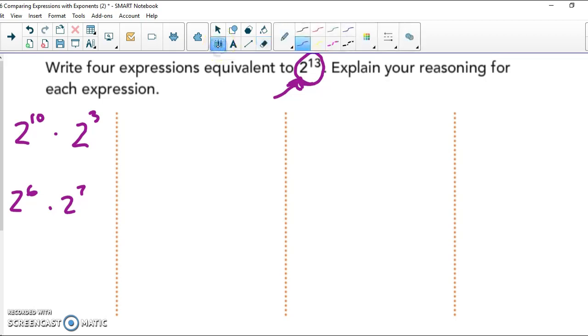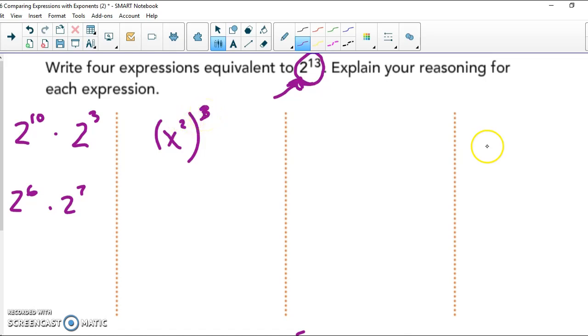If you would really like to challenge yourself, you could also think about how we could do this using power of a power. So we talked about you have x squared in parentheses, and we've raised that all to the 3rd power. Then in this case, I'm going to multiply my exponents. So you may see if you can come up with an equivalent expression for 2 to the 13th power that might use this power of a power.